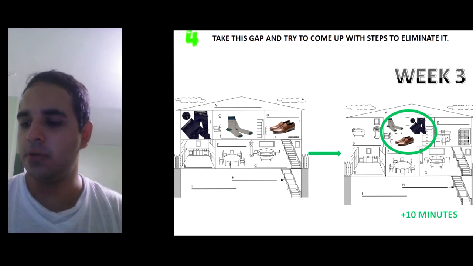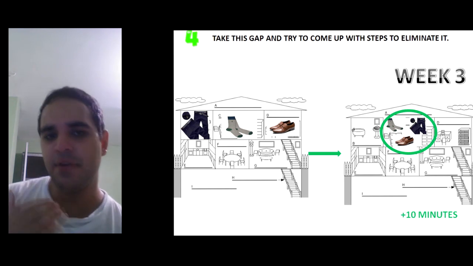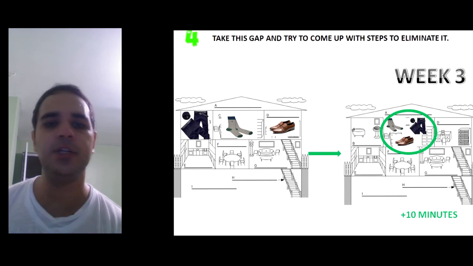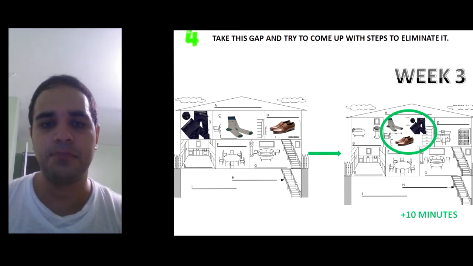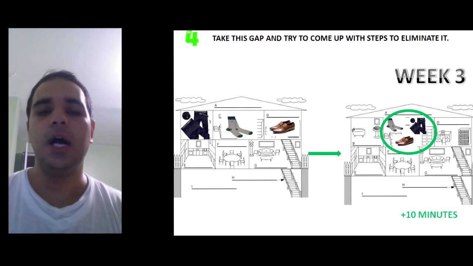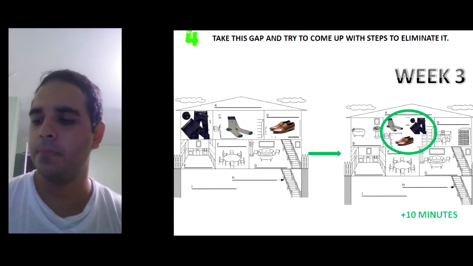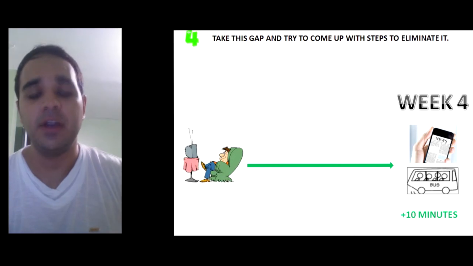Third week you organize all the stuff the night before in just one place. You put everything that you need in one place, all the stuff that you need in one place. This will save you more 10 minutes. So you have here a total of 25 minutes.